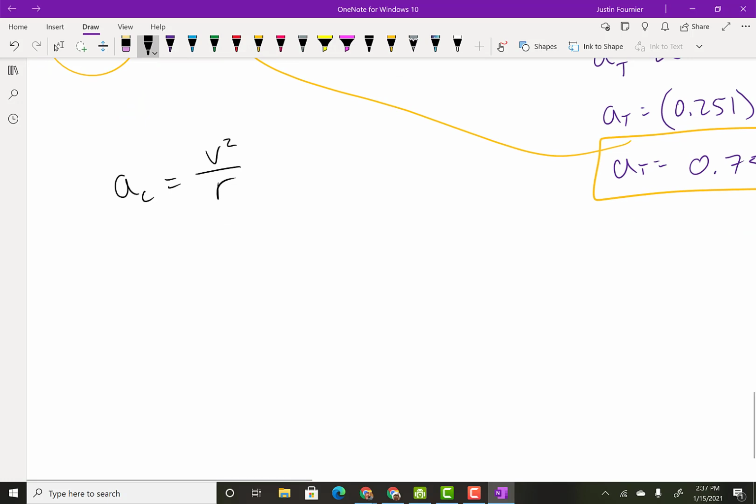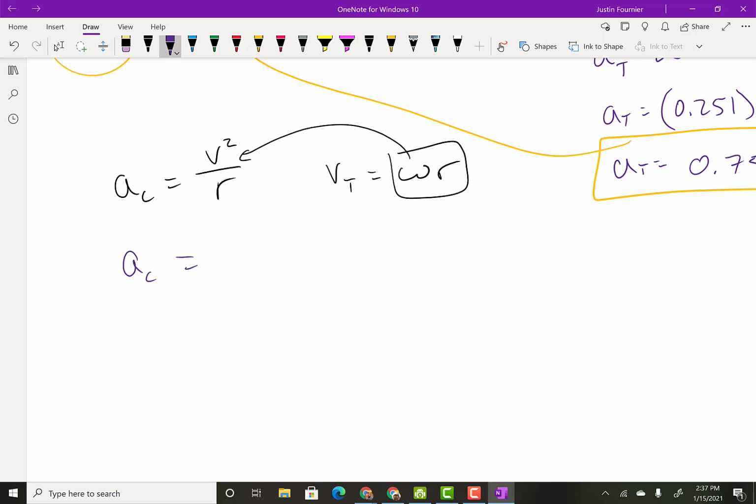I'm going to use the fact that the tangential velocity is equal to omega times r and plug it in here.